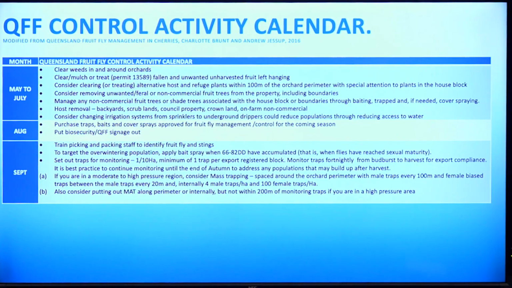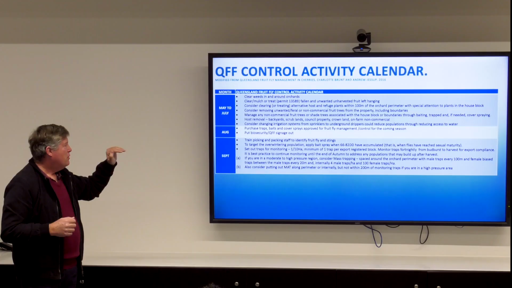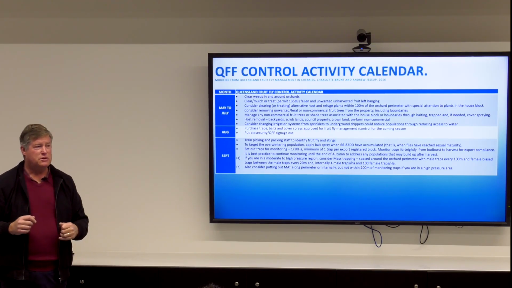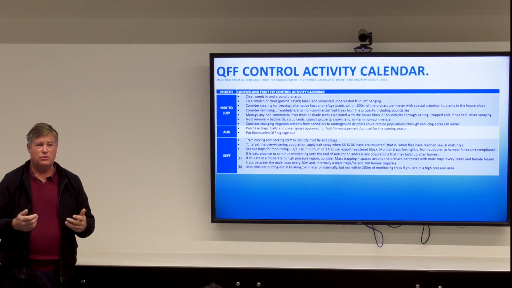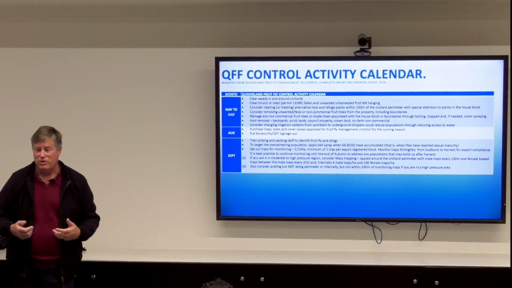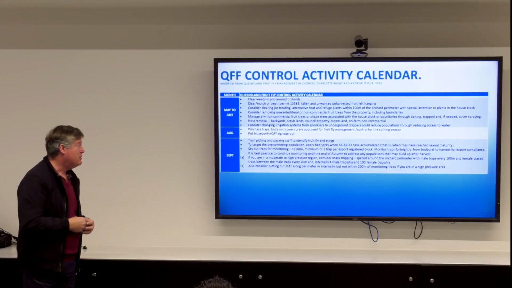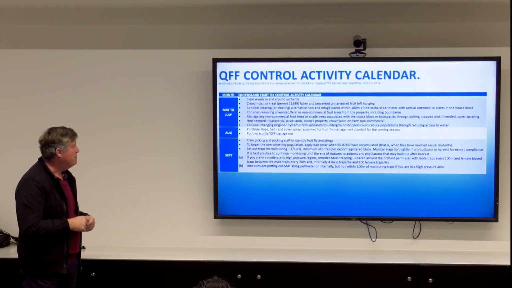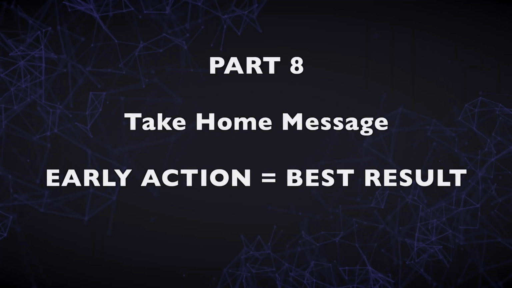But if you can reduce weed growth between your trees, any fruit fly that get in there will be less likely to survive because they'll have too much exposure and so forth. August is a really good time to make sure you've got traps. Make sure the traps that you do have are within use-by dates. Same with chemicals, and baits and so forth.